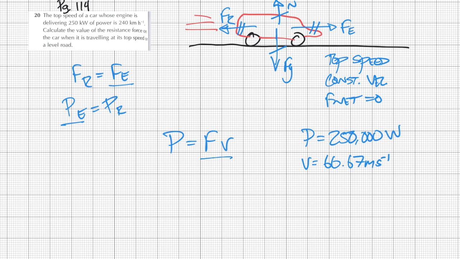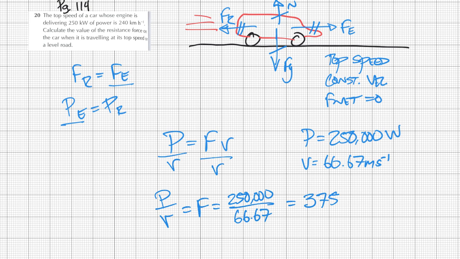And then with this, it just becomes a very simple equation of power divided by my velocity equals my force, which is going to be 250,000 watts divided by 66.67 meters per second. And that's going to give me a force of 3,750 newtons.